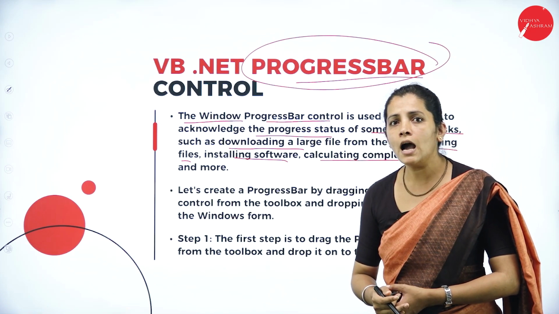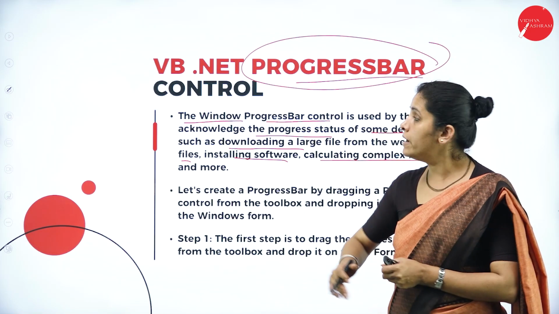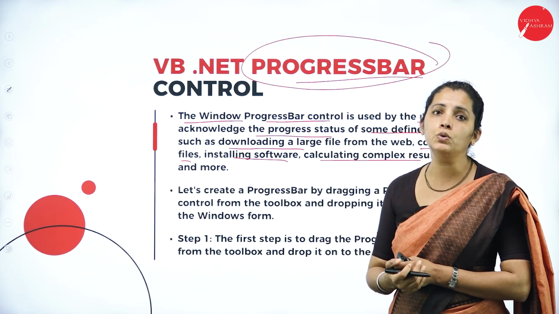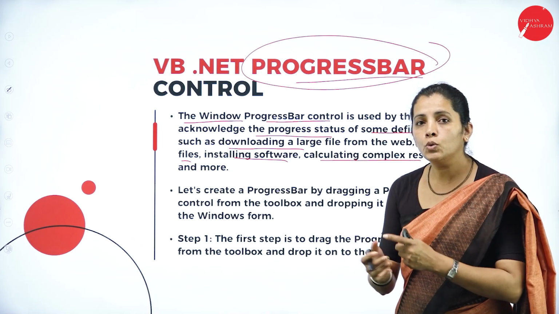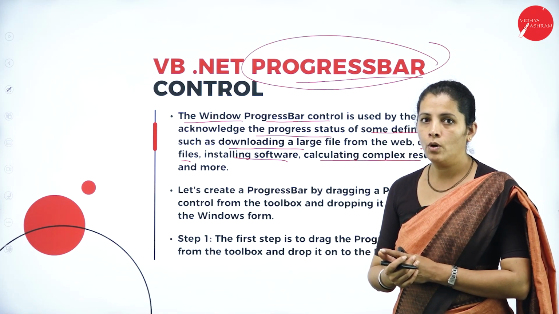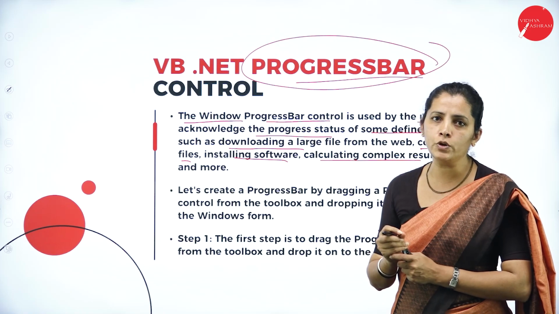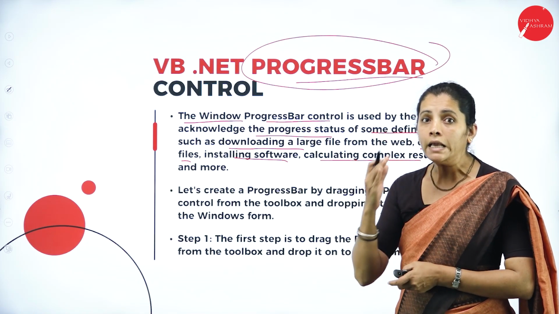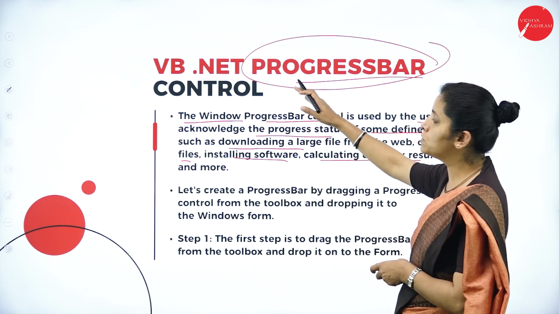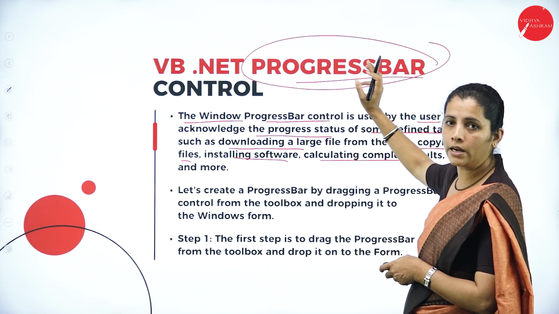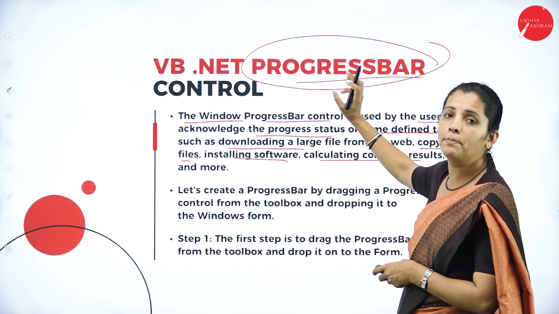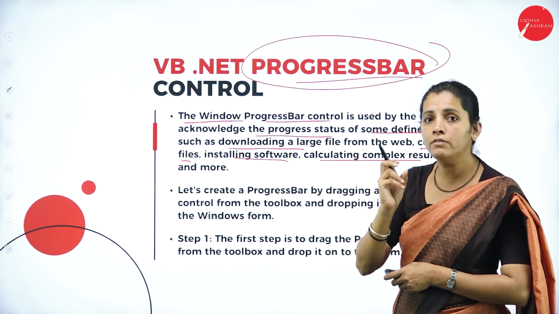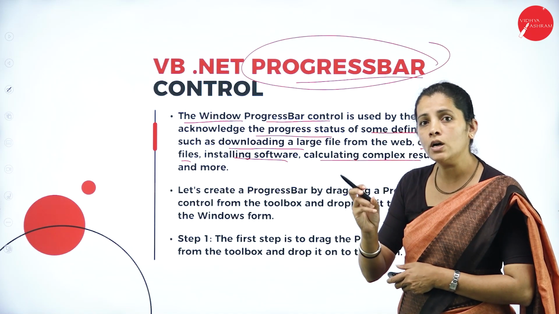Okay, fine. Now to create a progress bar, where am I going to get the progress bar control? For that, what I want to do is go to the toolbox. When I click the toolbox, what's going to happen? I'm going to get a long list of controls. In that, particularly, I want to select the progress bar in order to acknowledge how many percent of the work is done and how many percent of the work is still yet to complete.